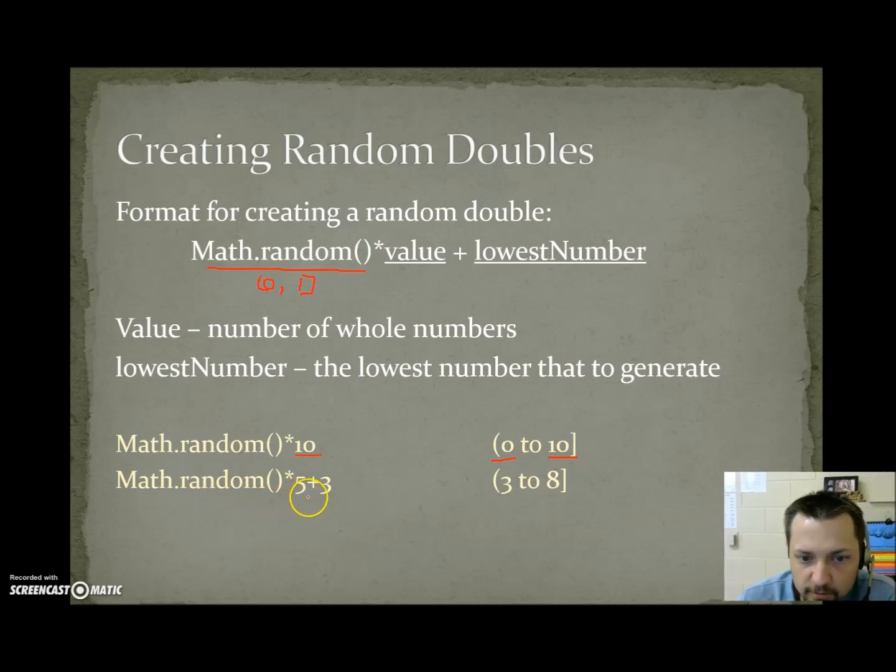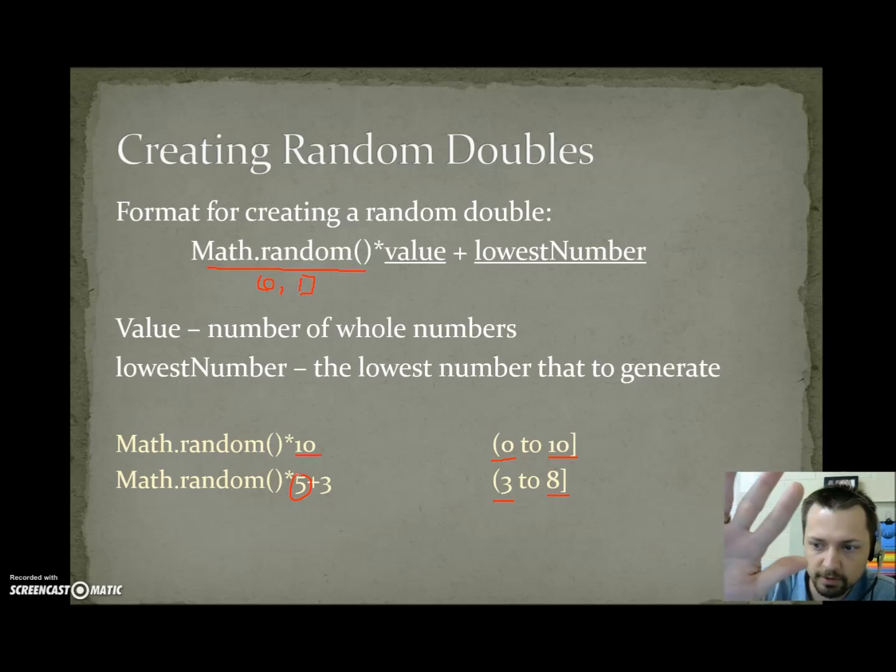If we do math.random times 5 plus 3, the lowest number we start with is 3, and we can generate that. And we can go all the way to 8, but not include it. Because remember, this is how many different whole numbers we could get. If you count those out: 3, 4, 5, 6, 7. We can get to 7.99999, but we can't get to 8.